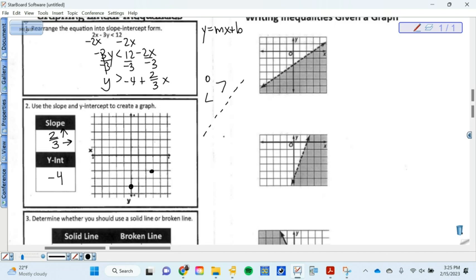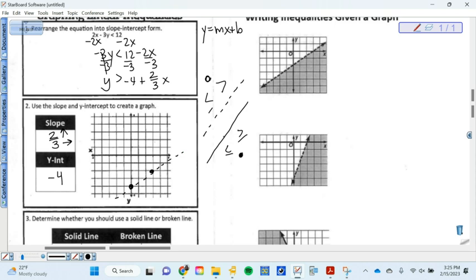It's similar to when we use an open circle for a one variable inequality. And then a solid line is for less than or equal to, greater than or equal to. It's like when we use a solid filled in circle. So what am I going to use for this instance? A broken line, yeah, a dashed line. So I do a dashed line between my 2 points.